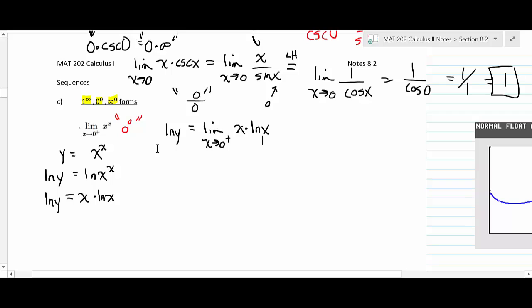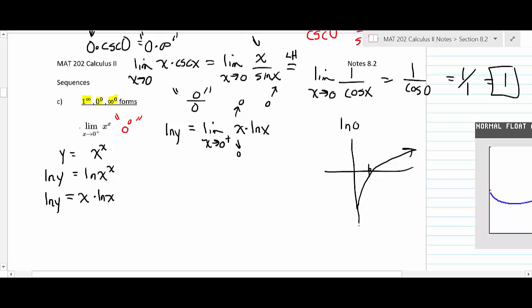Now, let's look at what we have here. When you look at this particular limit, x is going to 0 right there. Now, what is the ln of 0? That's an interesting question. It's undefined, but if you look at an ln graph, it looks like this.